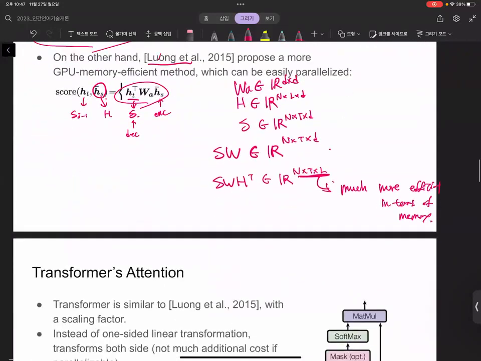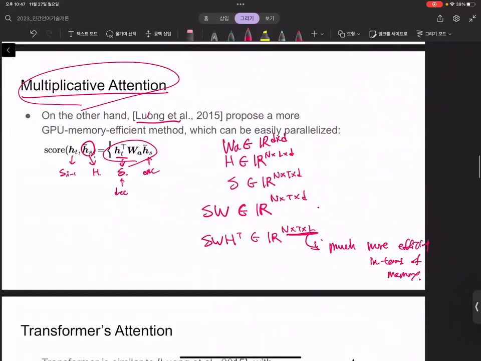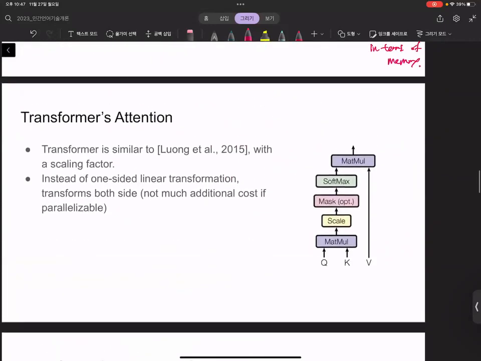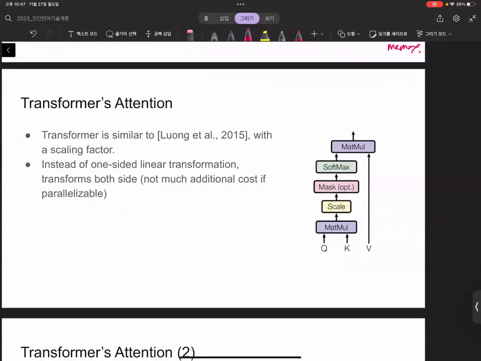Okay, let's go to the transformer attention. So this transformer is very similar to multiplicative attention with a scaling factor. And instead of one-sided linear transformation, the transformer attention transforms both sides. And this does not require additional cost if we parallelize it.